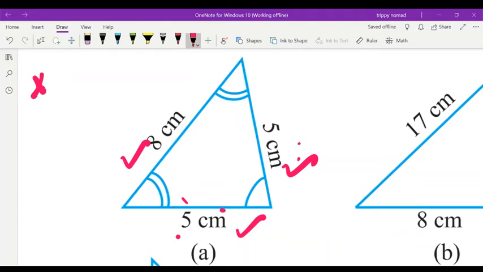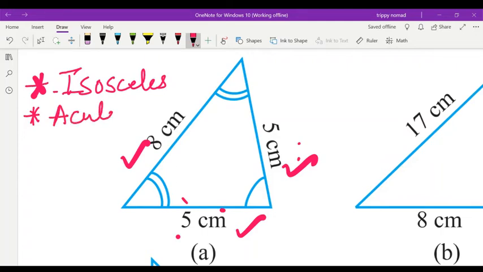You will write isosceles. Understood? Isosceles, and all the angles are less than 90. So what is that called? Acute angled triangle. So that is the second.